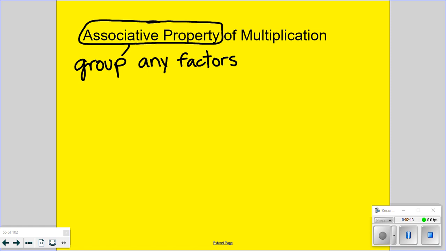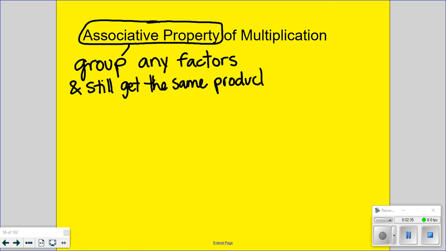Those are parts of our multiplication equation. And still get the same product.